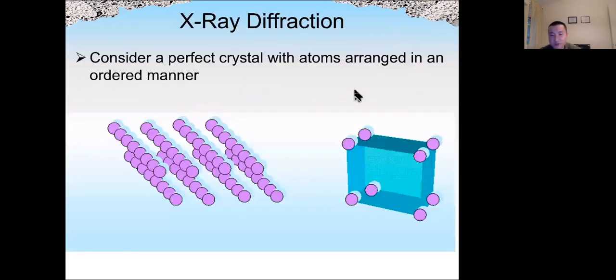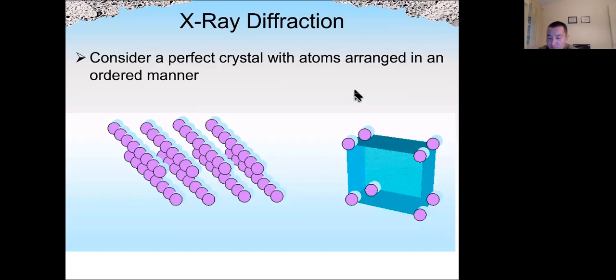Right. X-ray diffraction is another technique we can use to tell the percentage of different compounds, or at least what compounds are inside a certain sample. So let's consider we have a perfect crystal with atoms arranged in a certain ordered manner.